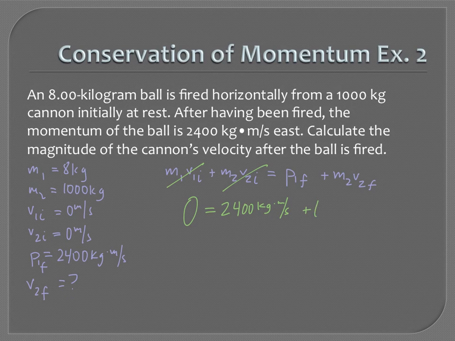Okay, the M2 for the cannon is 1,000. Oh my goodness gracious. Solve for V2F. And you get negative 2.4 meters per second. What does the negative mean? Opposite direction. So when the cannon fires, both the ball and the cannon move away from each other in opposite directions.